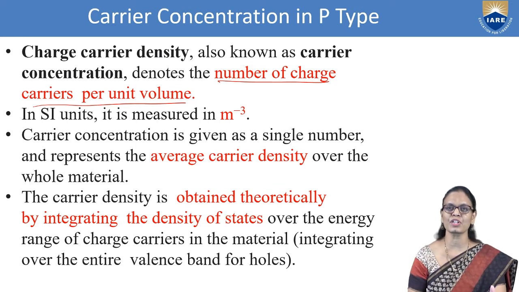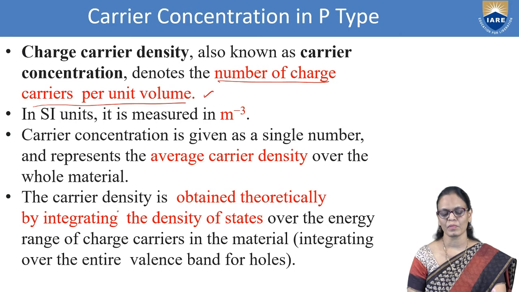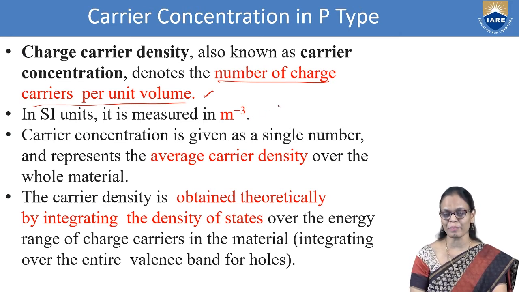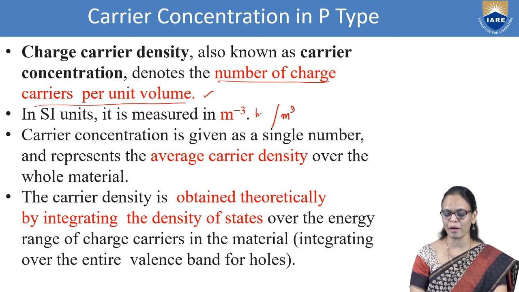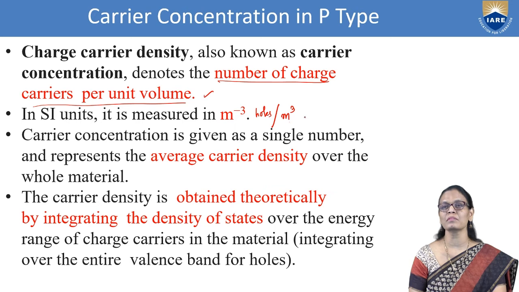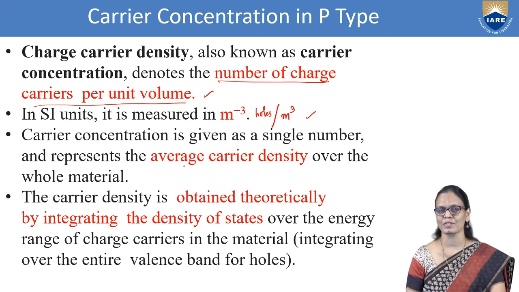So what is charge carrier density? It is the number of charge carriers per unit volume. And what is its unit? Its SI unit is per meter cube, m power minus 3. Suppose here in P type I am calculating the concentration of holes; it is so many holes per meter cube. So this is the SI unit for carrier concentration.